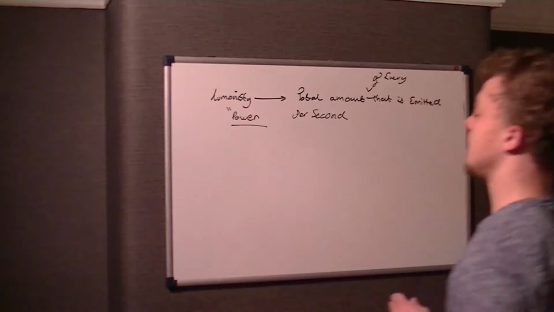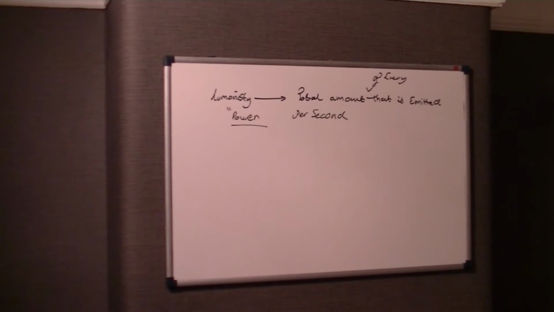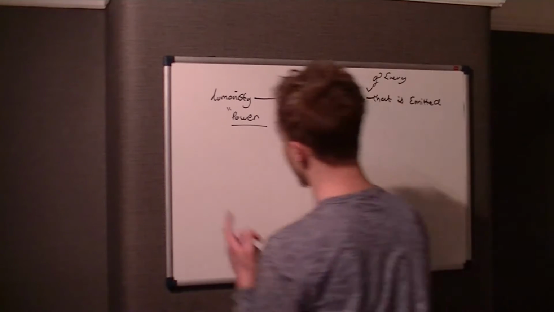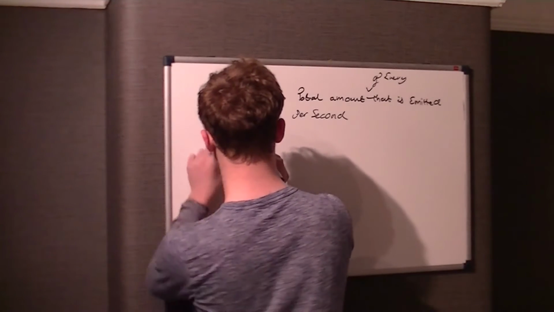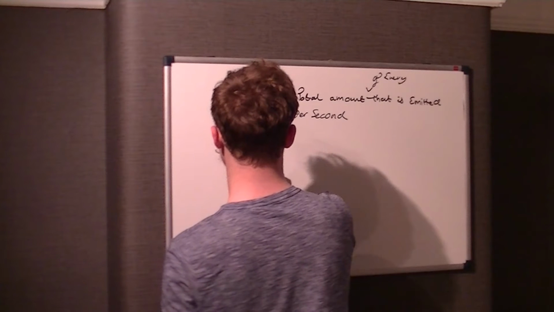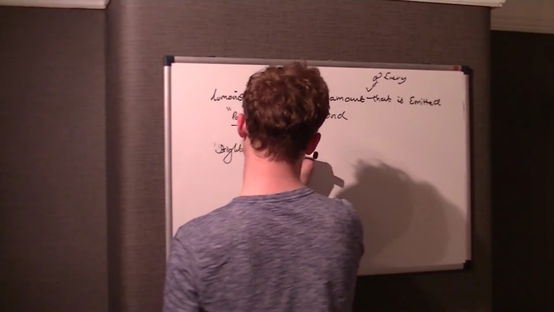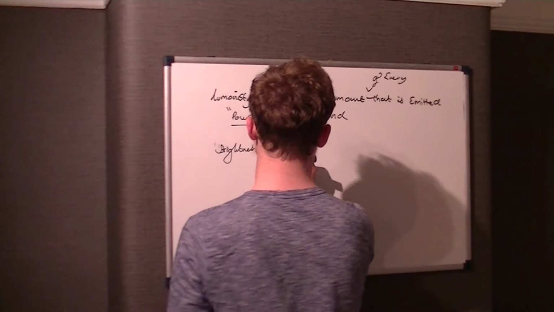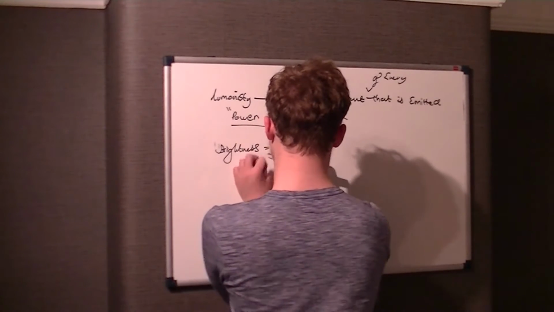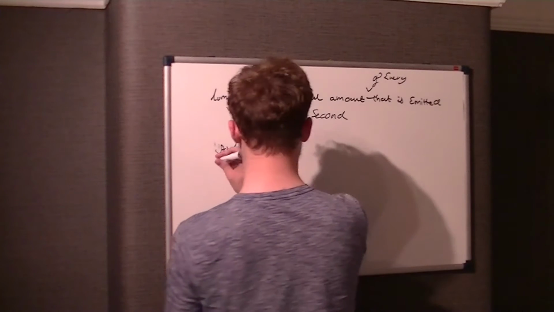Now, the brightness is the total amount of energy that is emitted per second per metre squared. In other words, brightness is equal to the luminosity, which we'll define as L, per area. In other words, the luminosity divided by the area.